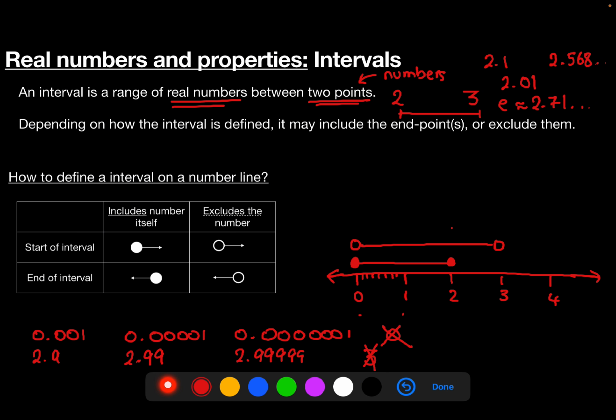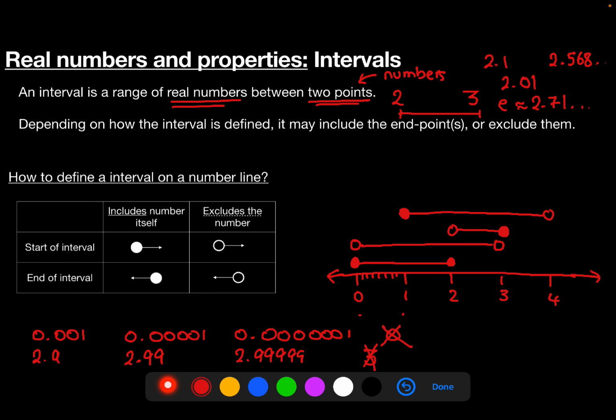And just because an interval starts with a value that's including it or excluding it doesn't mean it has to end in the same way. So we could have an interval where we have 2, where 2 is not included, and it goes up till 3, but 3 is included. This is completely valid. Or we could have an interval where we have a 1, where 1 is included, and we could go all the way up to 4, where 4 is not included.